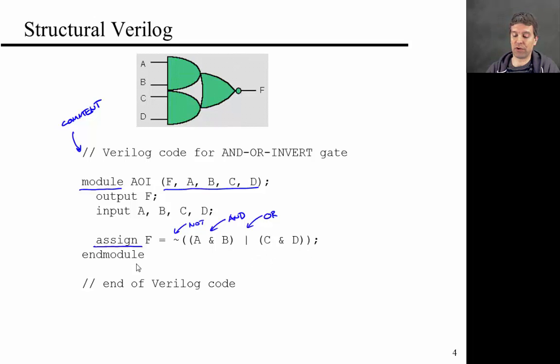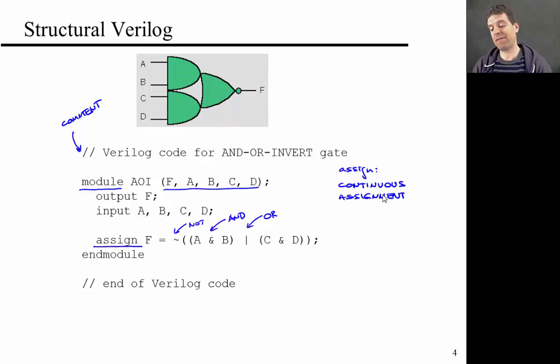And of course, you have to close the module using endmodule. So again, assign, let me rewrite that here. It's a continuous assignment. But what it basically means is that F changes when the inputs change during the simulation.